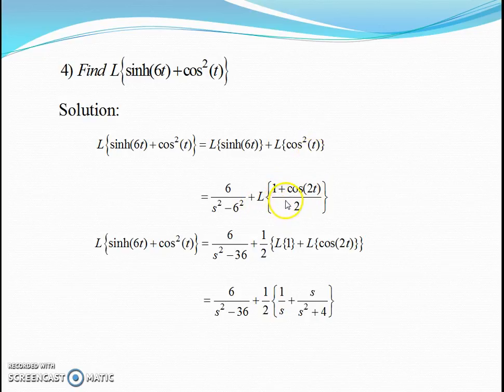Therefore, Laplace of 1 plus cos 2t upon 2, that is equal to 6 upon s square minus 36 as it is, plus 1 by 2 Laplace of 1 plus Laplace of cos 2t, and that is equal to 6 upon s square minus 36 plus 1 upon 2 in bracket 1 upon s, which is Laplace of 1, plus Laplace of cos 2t, which is s upon s square plus 4.